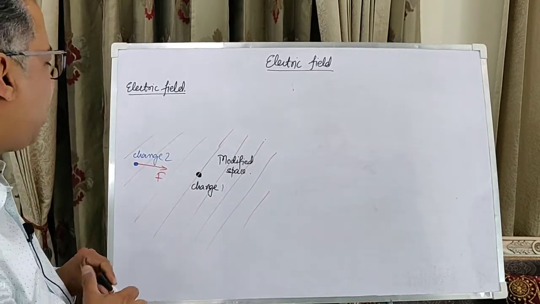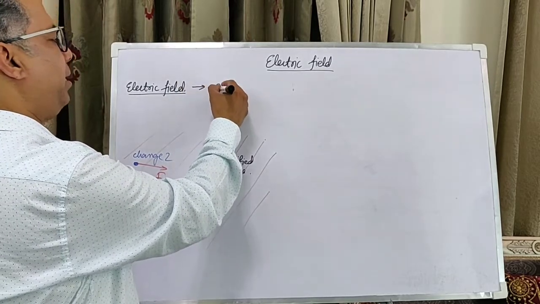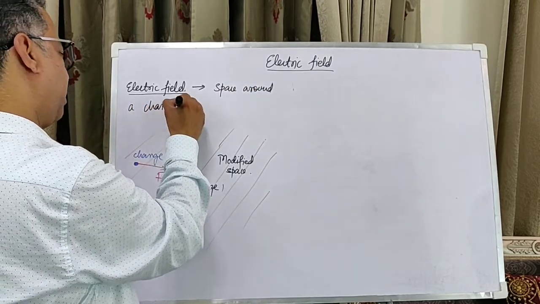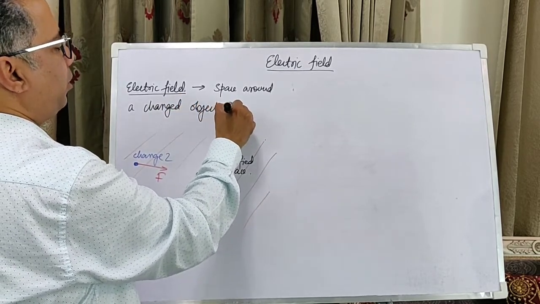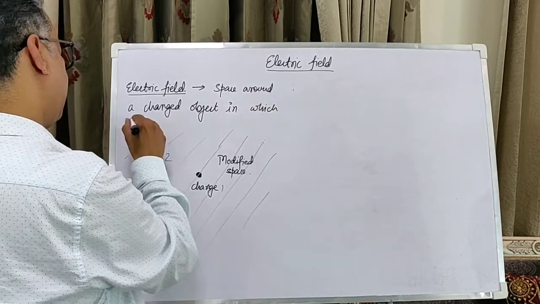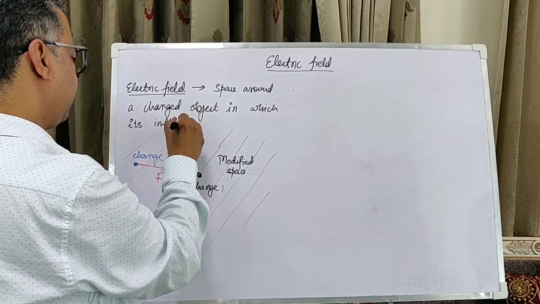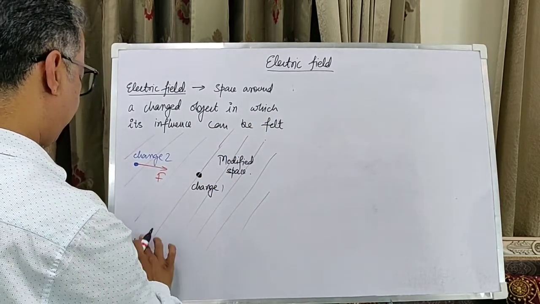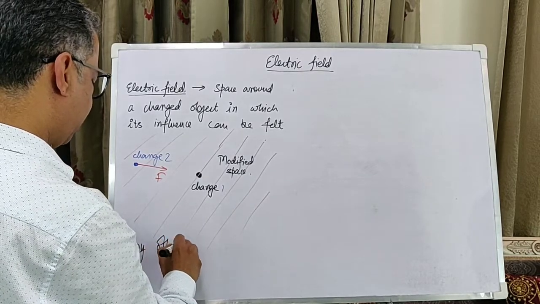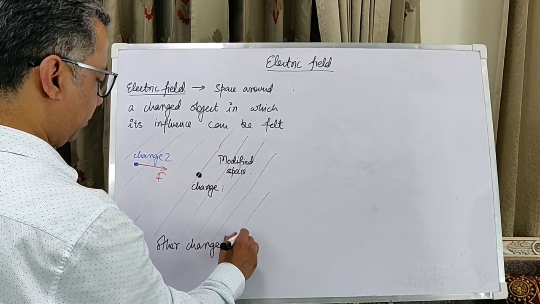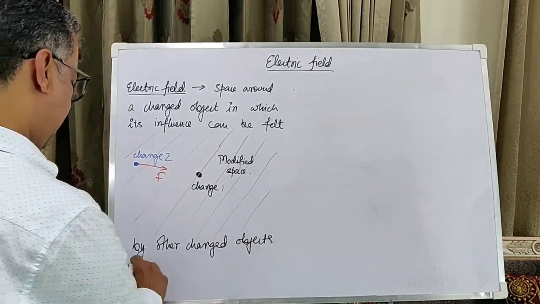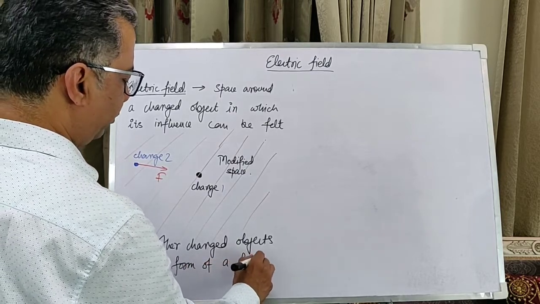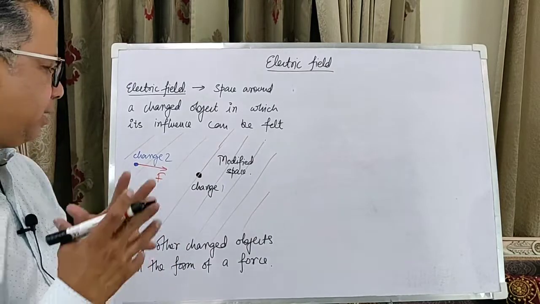So this electric field can be described as the space around a charged object in which its influence can be felt by other charged objects in the form of a force. So that's the idea, that's the concept of electric field.